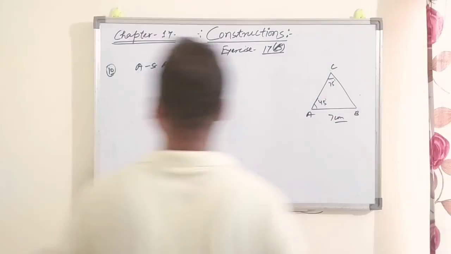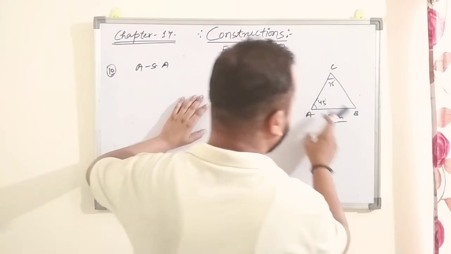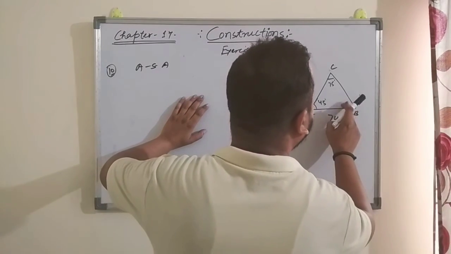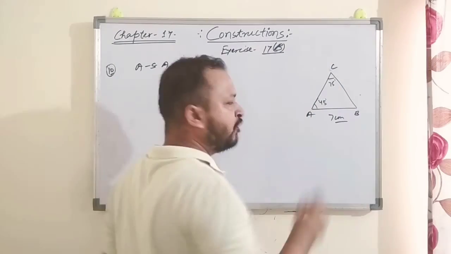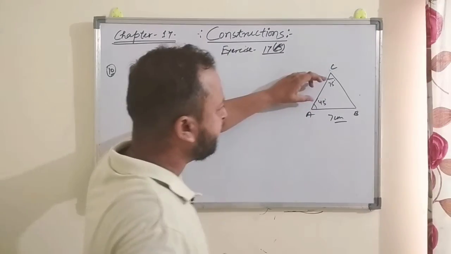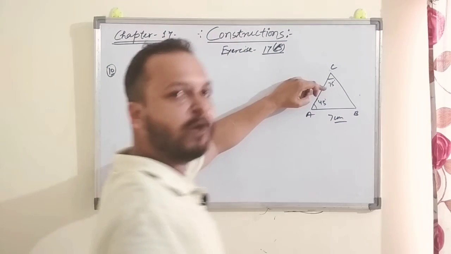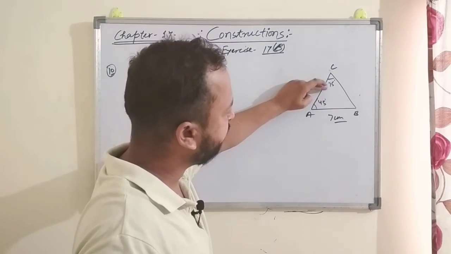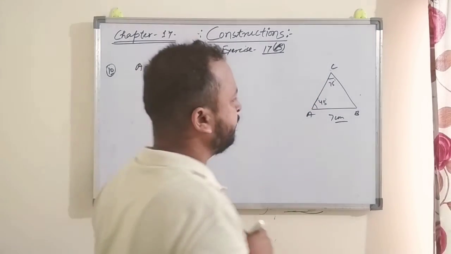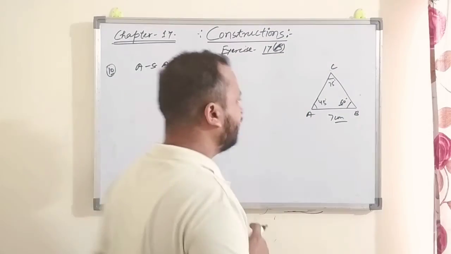So you know that we have to construct ASA, means angle side angle. If two angles and a side are given, the third angle B must be found. By the angle sum property of a triangle, the sum of all the angles of a triangle is equal to 180 degrees. So add 75 plus 45, that is 120. It means this angle must be 60 degrees.